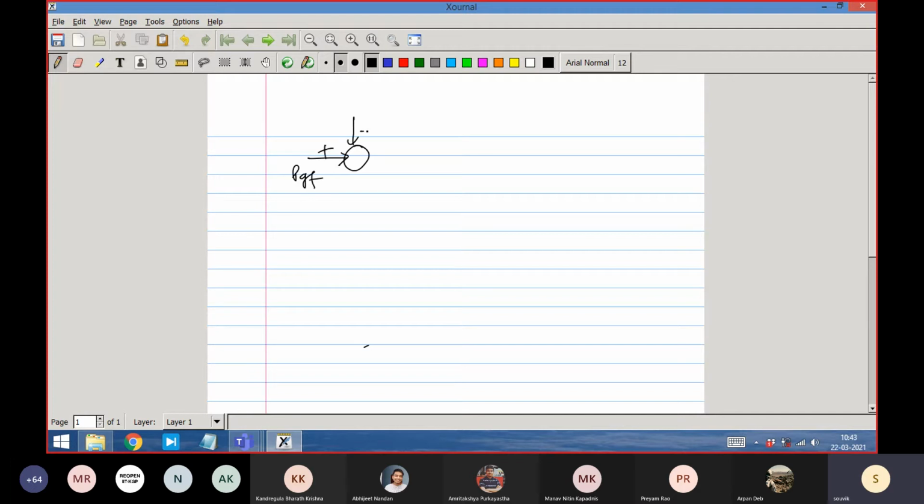This is plus, this is minus. This is the adder block. In control systems, we use this sort of symbol. And this is SPGF. This is 1 minus SPGF, right?